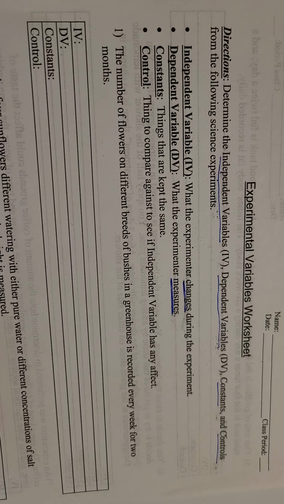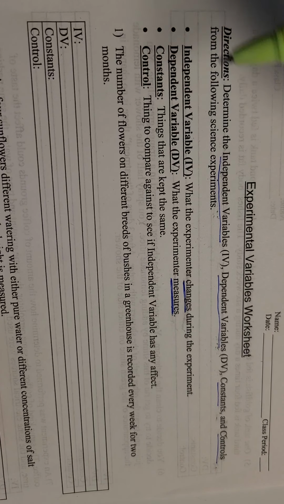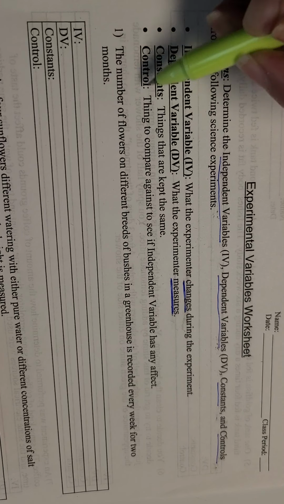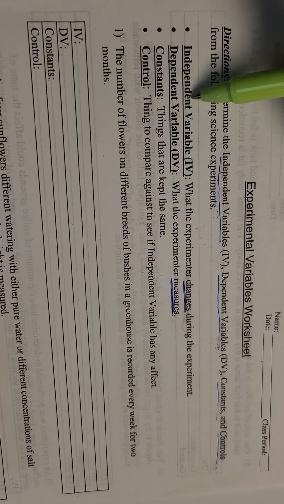Your constants are going to be all the variables in the experiment that you're going to keep the same, because remember, you are only wanting to test one thing at a time. So you want to make sure everything is going to stay the same except for your independent variable. That's the only thing that you should be changing.